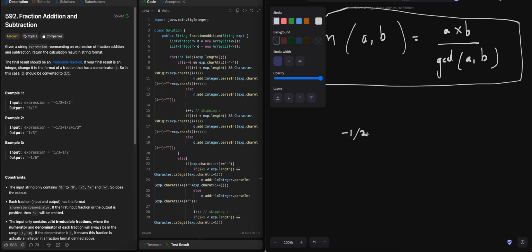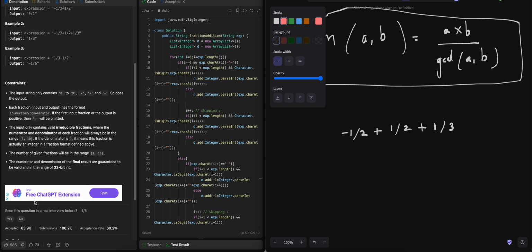Now I'll write the expression as we have been given in the problem, because you have to do some character processing here, so it would be clear to all of you. Then we will have 1 by 2, okay? Then we will have plus 1 by 3, okay?